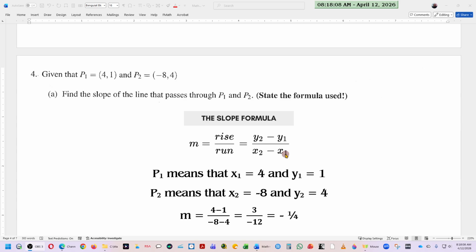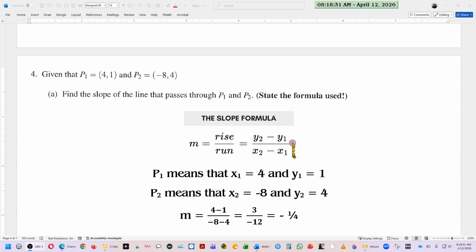So that means your movement is 25 forward, and it's a horizontal movement. So the slope has to do with the change in your vertical movement compared to the change in your horizontal movement. Now, the formula already gives you y2 and y1, x2 and x1.